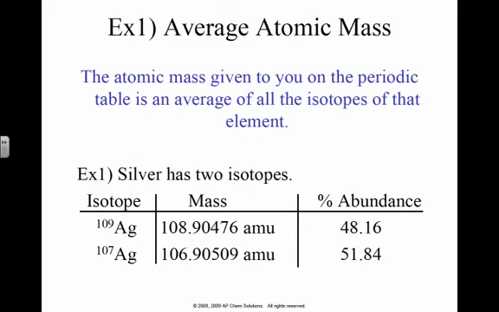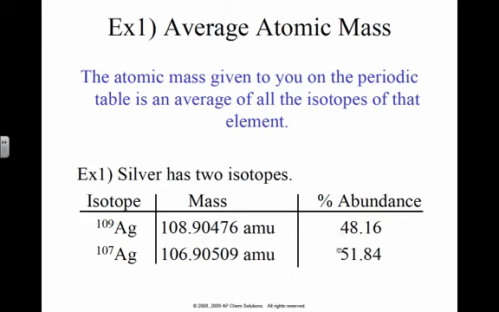All other atoms are measured on the scale that is relative to carbon 12. The average atomic mass that's given to you on the periodic table is an average. For example, silver 109 and silver 107 is really silver 108.90476 and silver 106.90509. This one is found in nature 48% of the time. This one's found in nature 51% of the time.